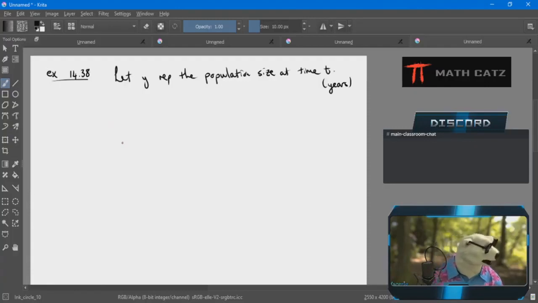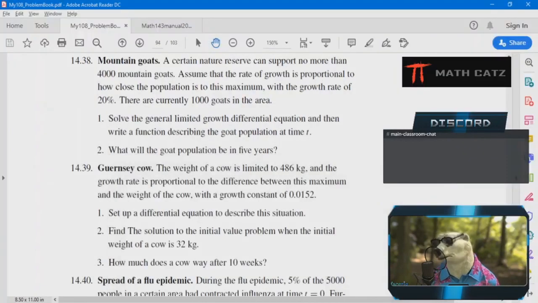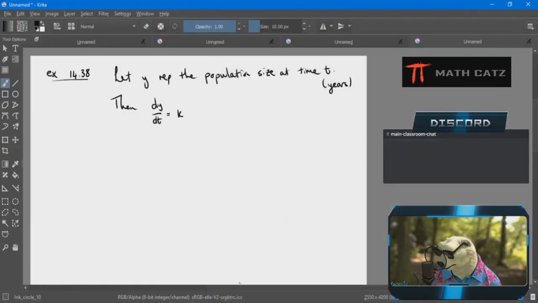So let's have a look. Now I have the rate of change. It's proportional to something. Not proportional to y itself, but proportional to the gap between the population and the maximum capacity.